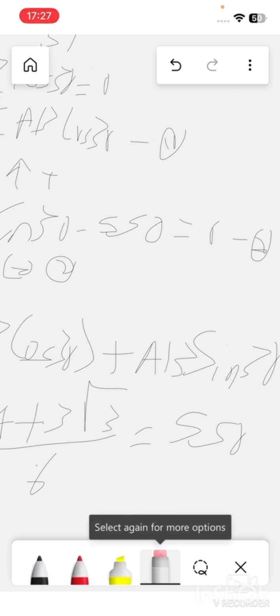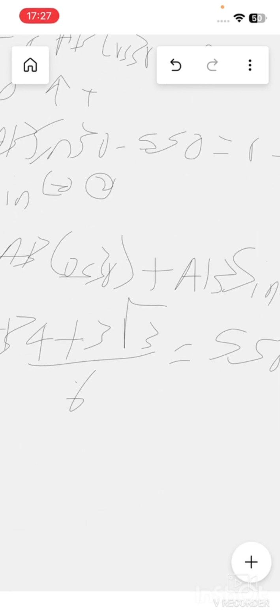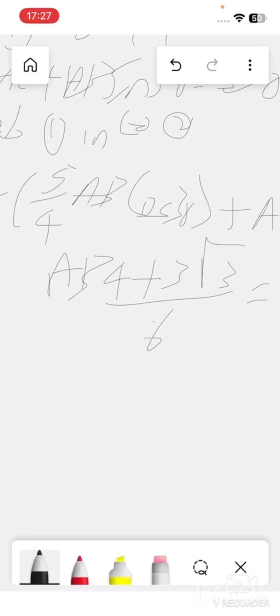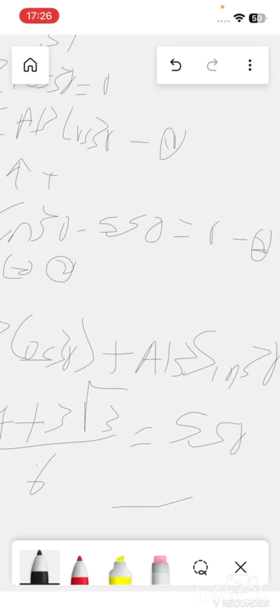That it was negative, not that we calculated it. Therefore, we're going to divide both sides by this number. We added these two, the 5 over 4 AB cos 30 plus AB sine 30. We added it and it gave us 4 plus 3 root 3 all over 6.